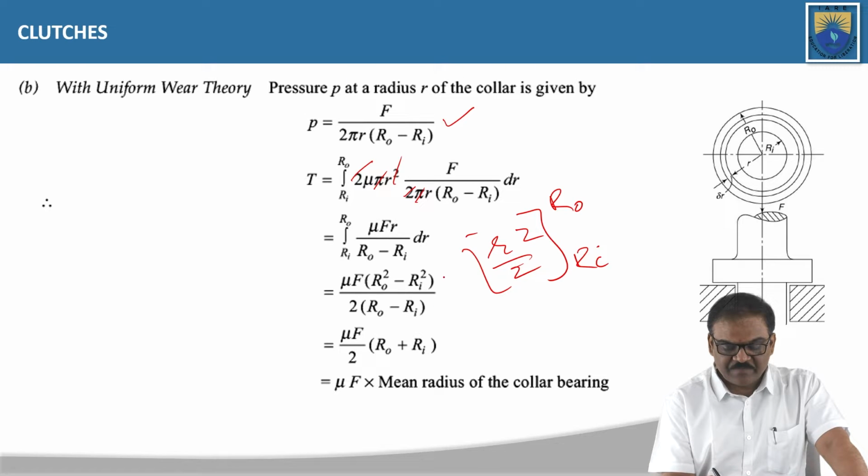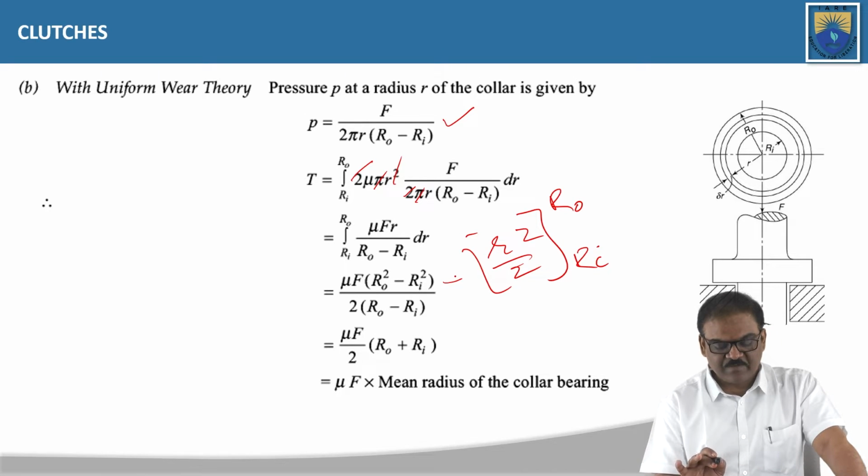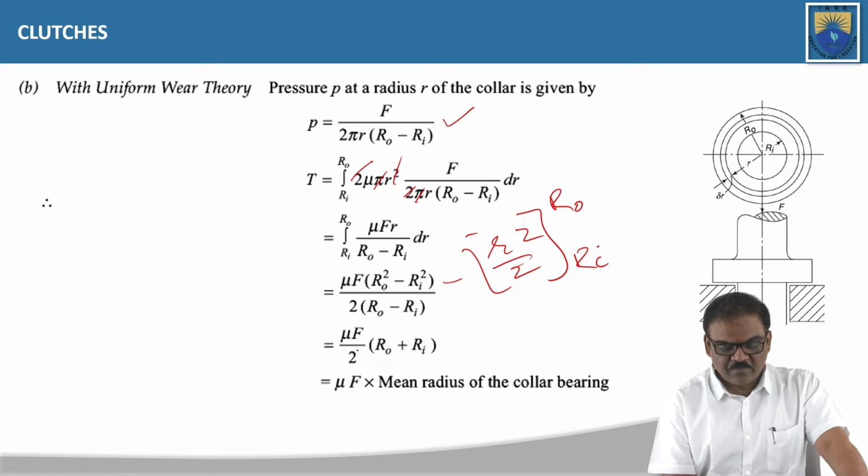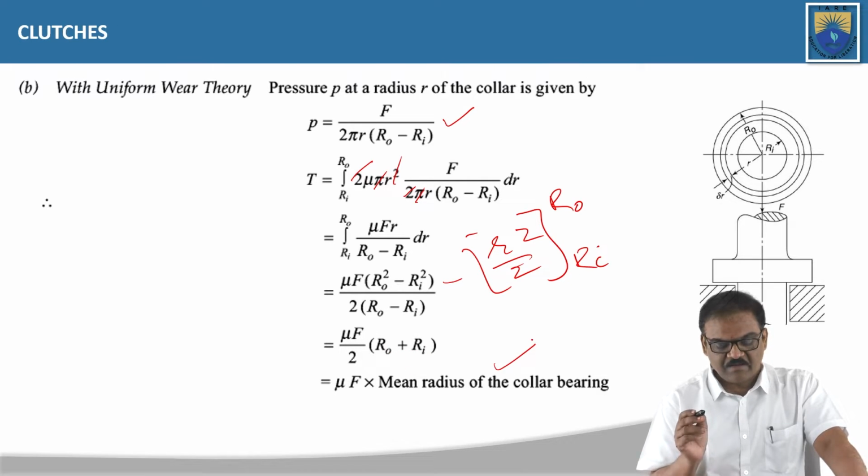This can be written as A square minus B square, therefore mu F by 2 into (R outer plus R internal), where (R outer plus R internal) divided by 2 becomes the mean radius of the collar.